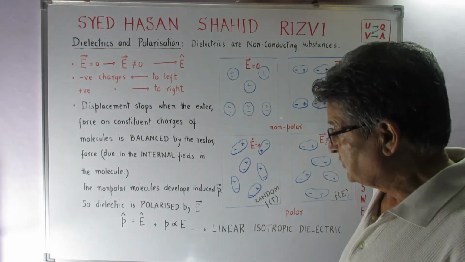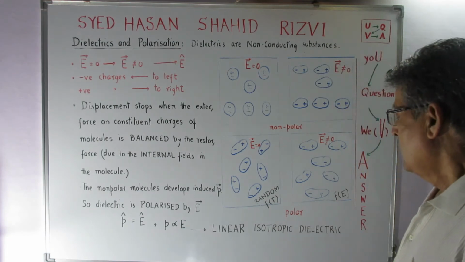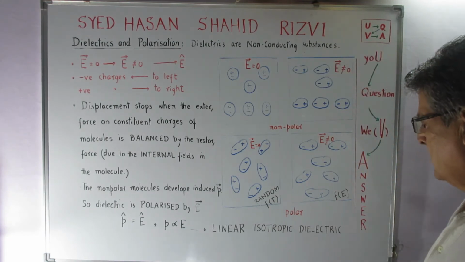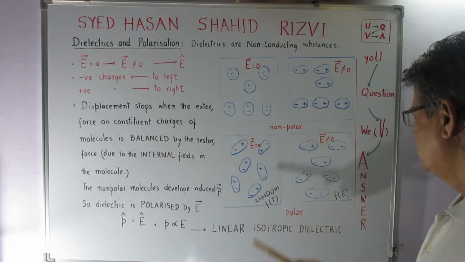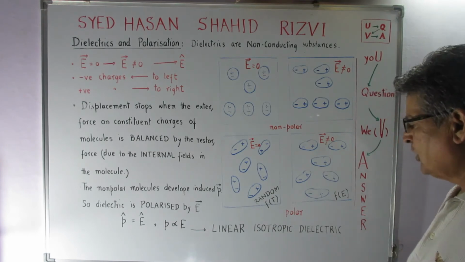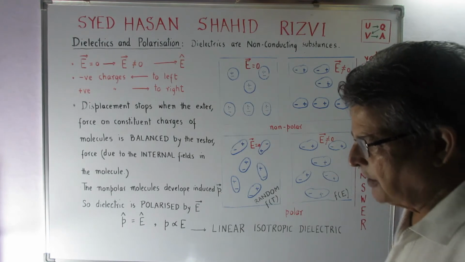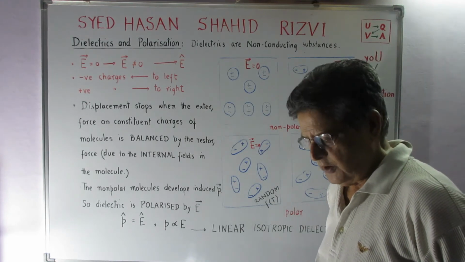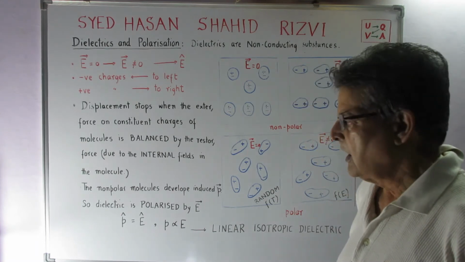Such dielectrics are called linear isotropic dielectrics. Isotropic means same in all directions. There are no preferred directions, then we say that the things are isotropic.